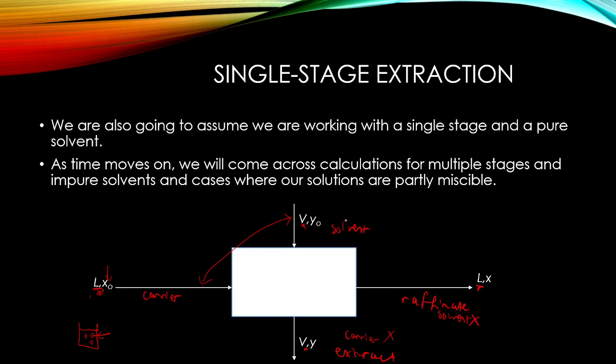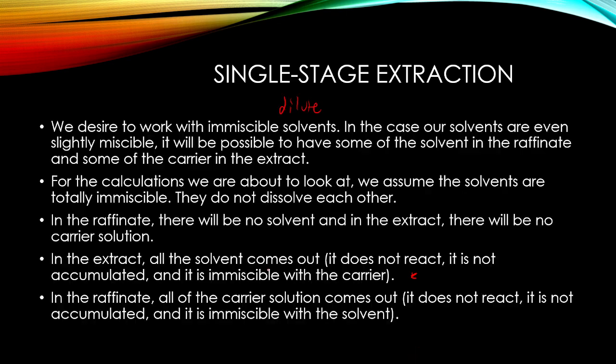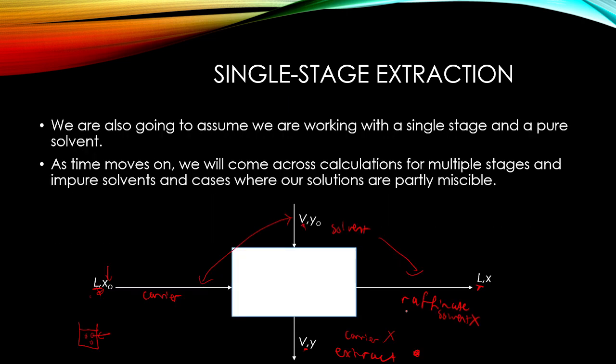Since none of the solvent is going to come out in the raffinate, all the solvent is going to come out in the extract. And for the last point, in the raffinate, all the carrier solution comes out. Since none of the carrier solution is going to come out in the extract, all the carrier solution should come out in the raffinate stream. So those are the assumptions that we are working with.